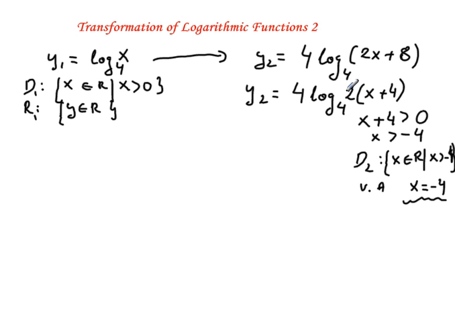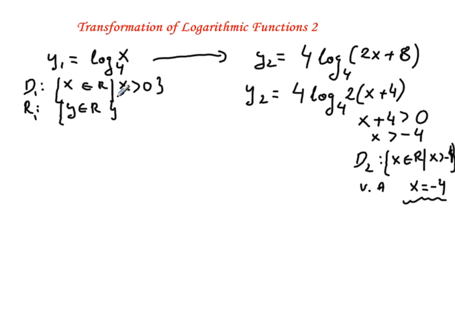This is the horizontal compression by factor of 2. X plus 4 will be the horizontal transformation, 4 units to the left.